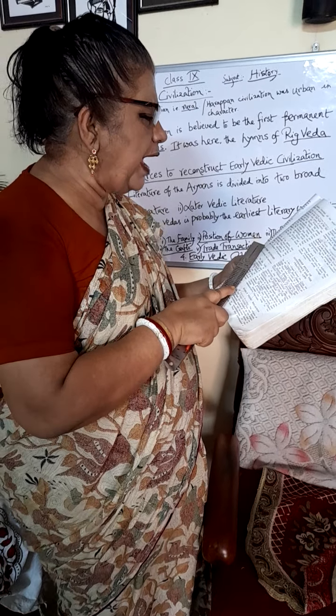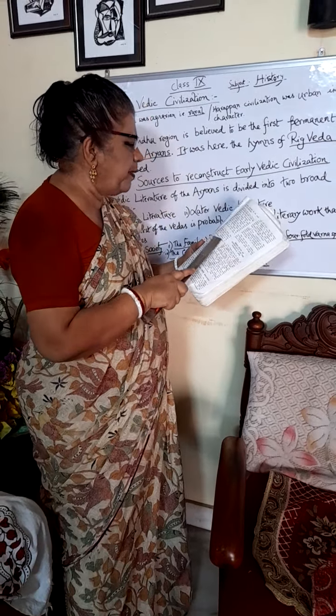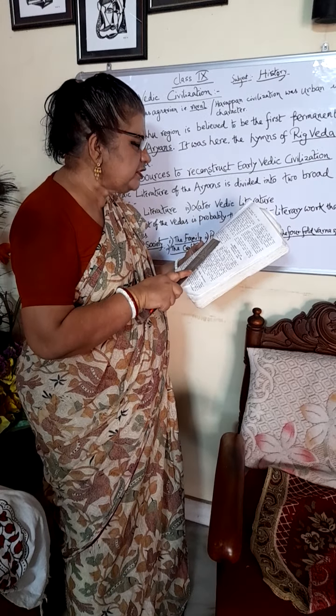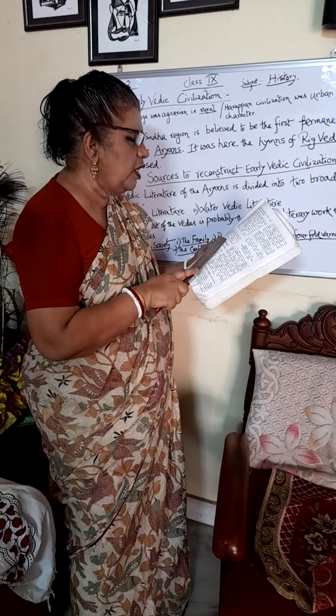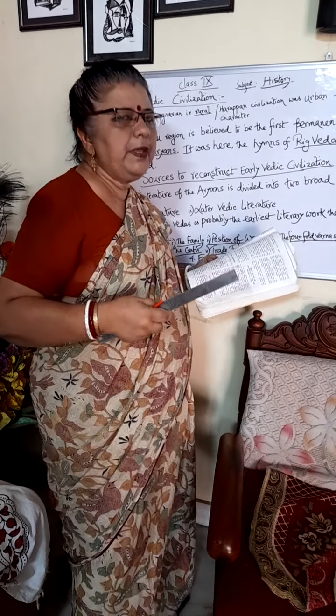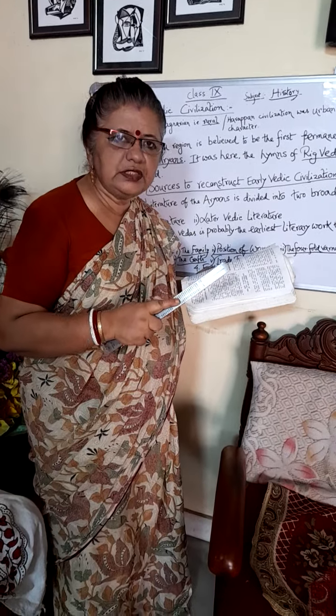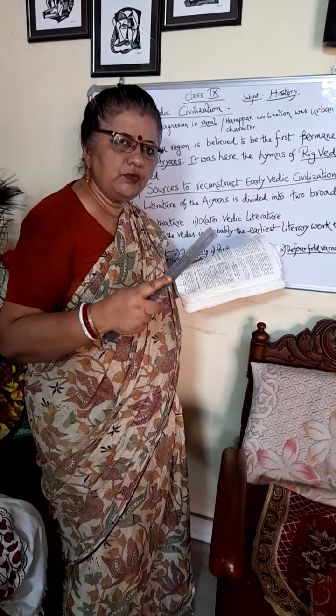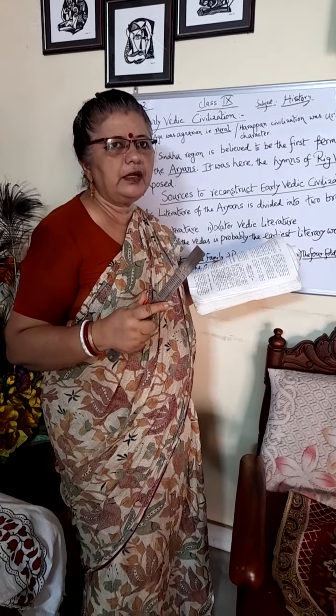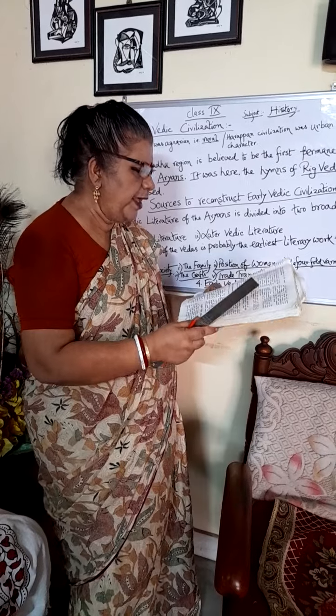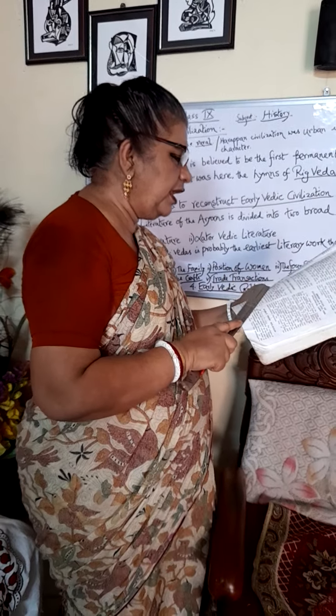There was no ban on the taking of food cooked by the Shudras, and no restrictions on intermarriages or change of occupation. People easily changed their occupation, and there were no strict norms regarding intercaste marriage and no system of untouchability, because if the people of the Shudra class cooked, the people of the higher caste used to take the food.